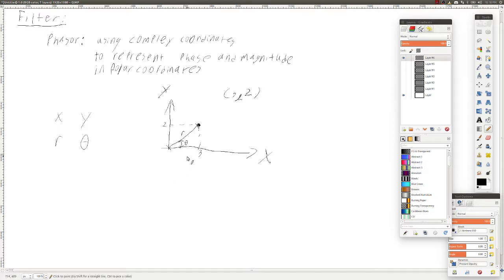So what we have here when we deal with complex numbers is basically x and y coordinates.